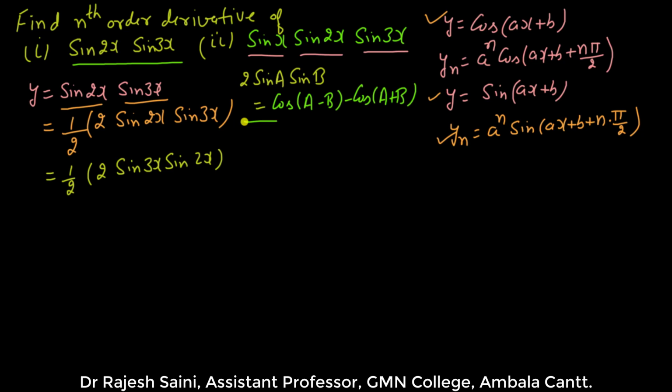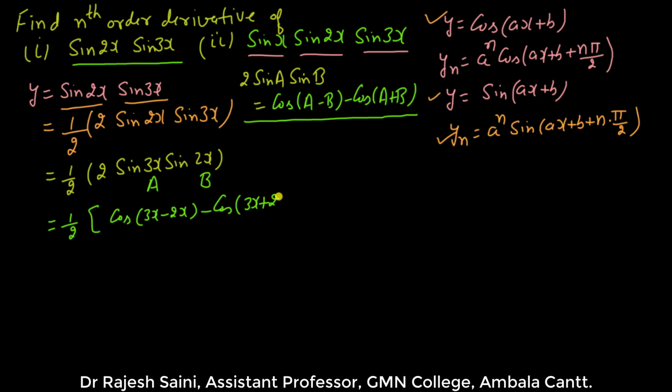So we will be making use of this formula. Say this is a, this is b. So this will be 1 by 2, now it will be cos(a minus b), so it will be cos(3x minus 2x) minus cos(3x plus 2x).